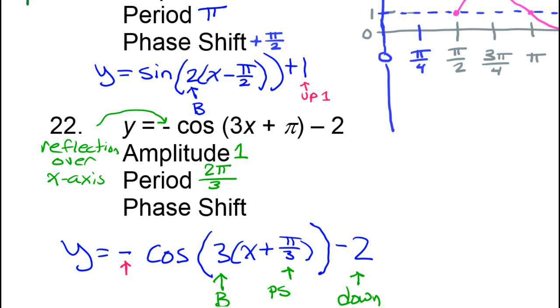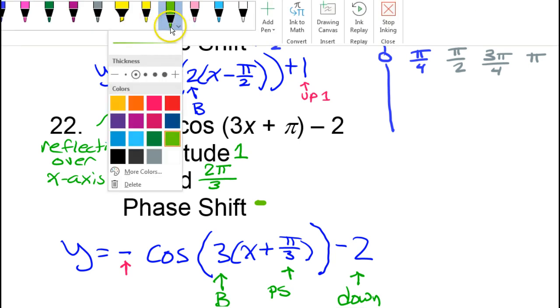So the phase shift will be negative pi over 3. So negative, whoa, that's too big. Please stand by. Gotta make this smaller.